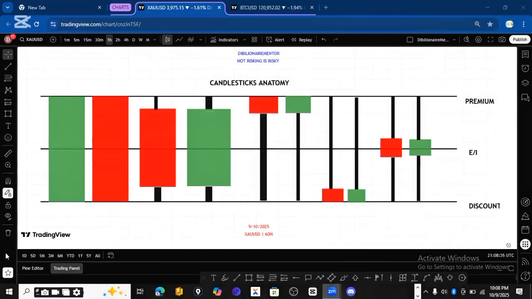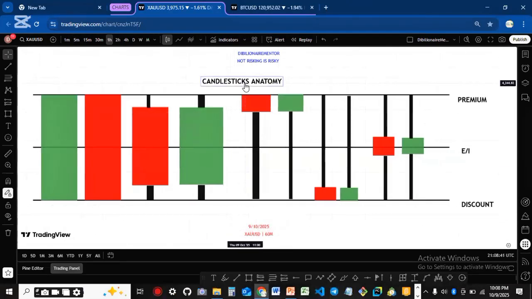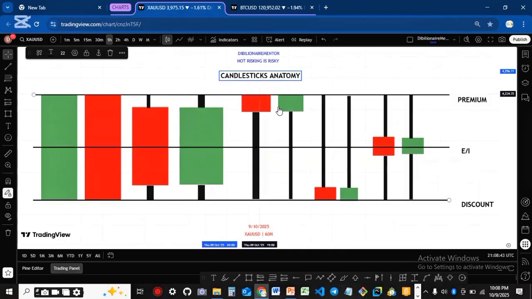Just like yesterday, we talked about the premium and discount array. We said it is only wise for you as an investor or as a trader to sell at a premium zone, and to buy at the discount zone.